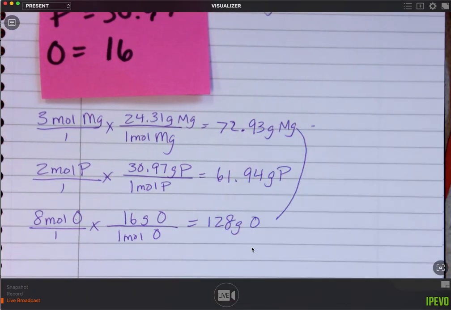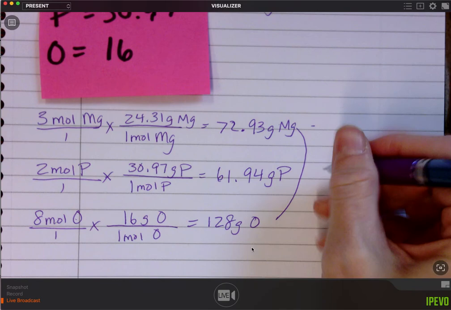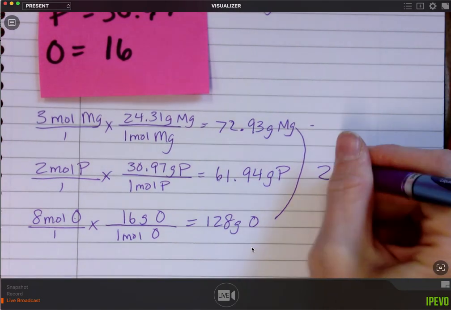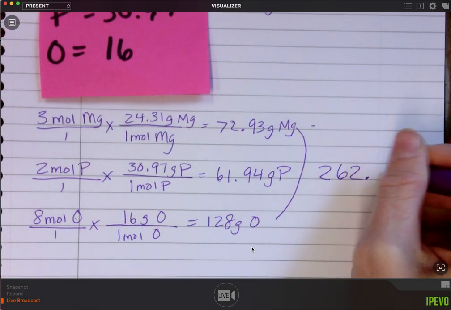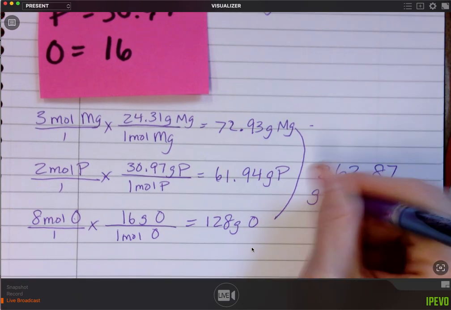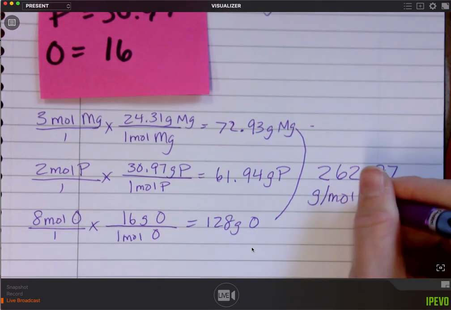And then I want to add these all together. So 72.93 plus 61.94 plus 128, and I end up getting 262.87 grams per mole of magnesium phosphate.